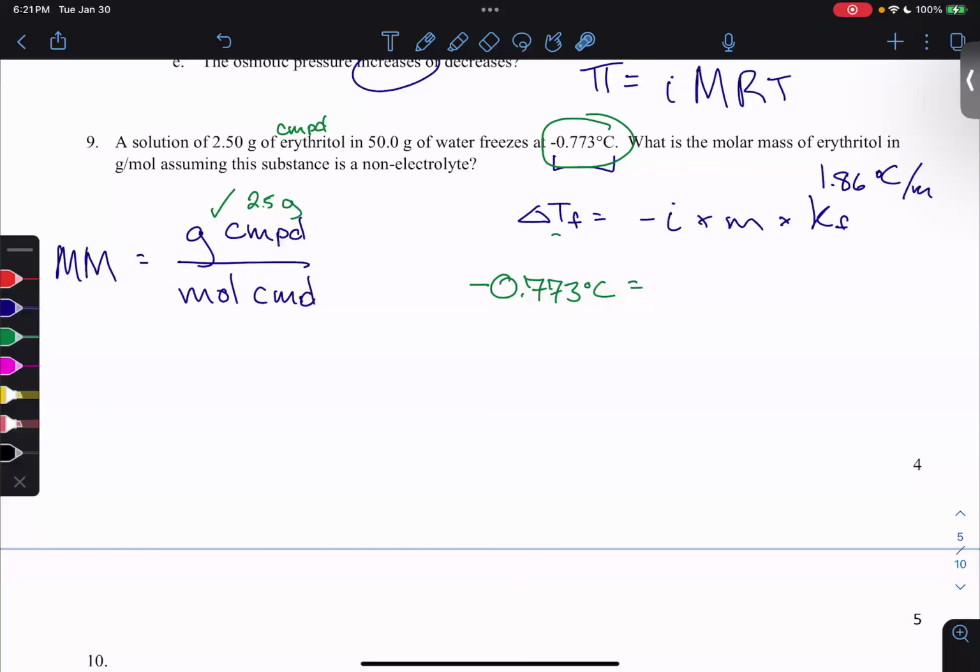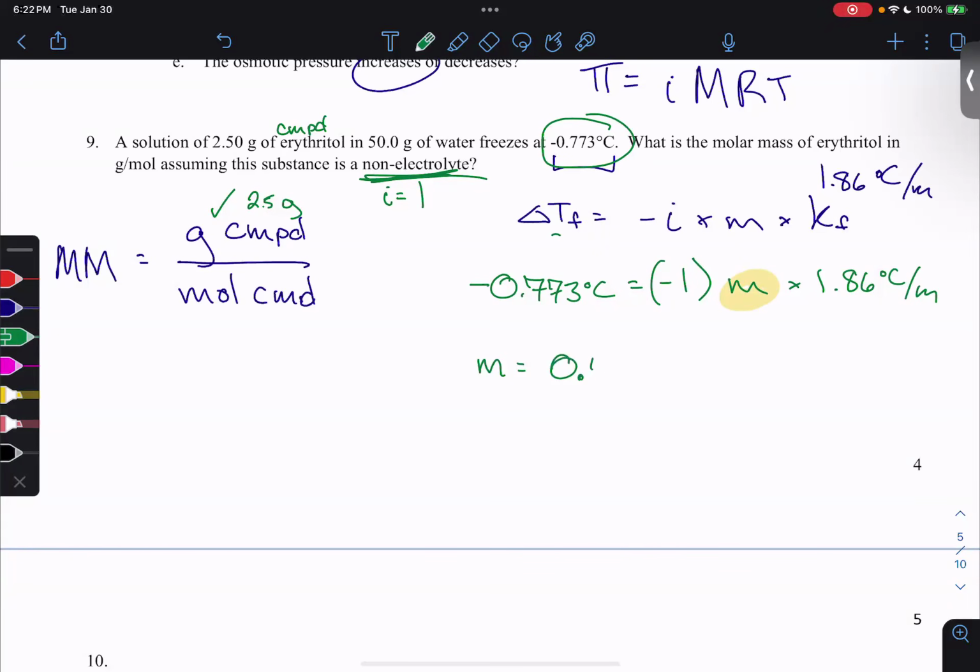The important piece of information in this question is it says this substance is a non-electrolyte. So what does that tell us about i? It's 1. Cool. We are solving for molality, and then we can just plug in that constant there. Here we are calculating what is the molality of the solution required to lower the freezing point this much. My key says that molality of the solution has to be 0.4156 molal.